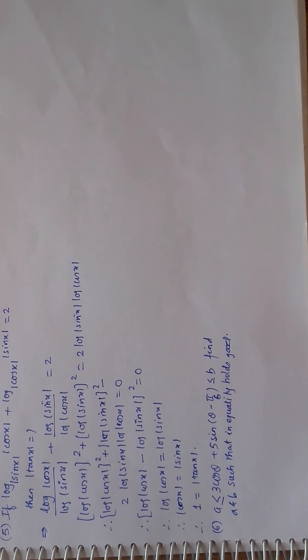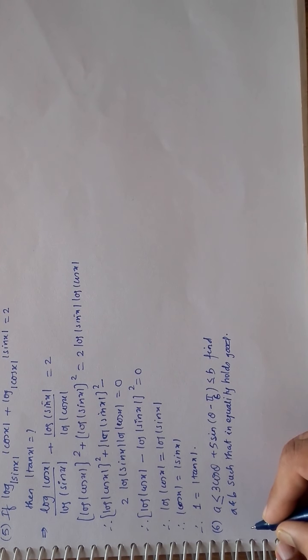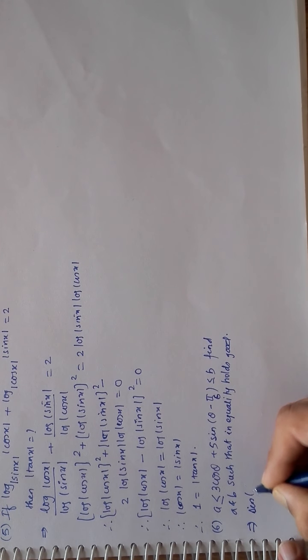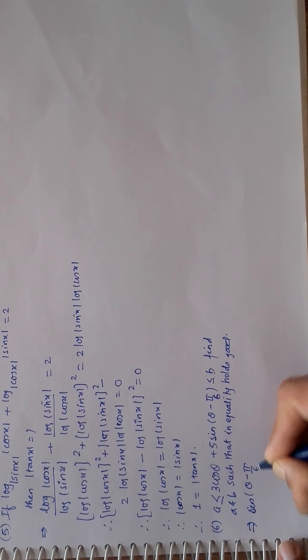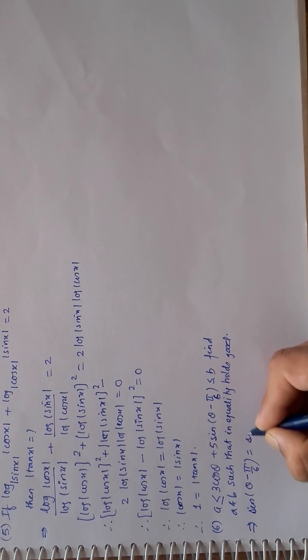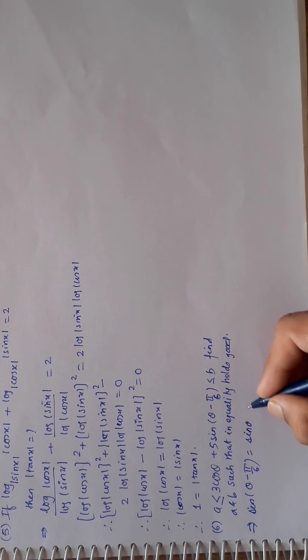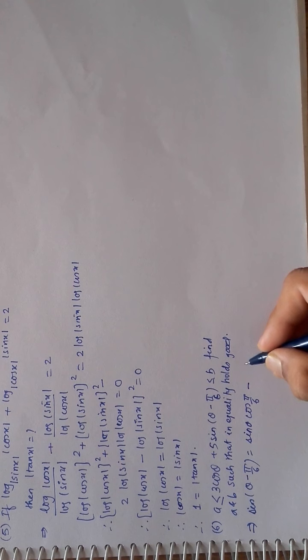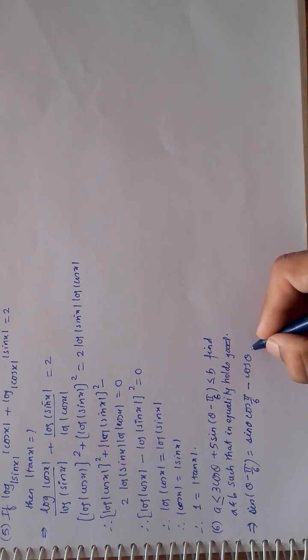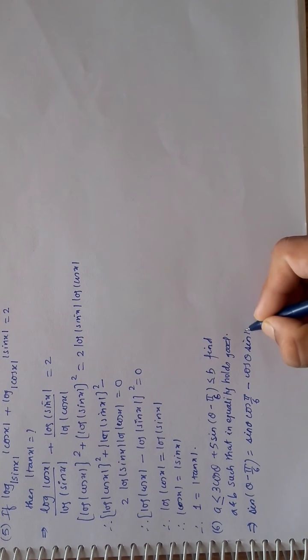So here obviously I will be first thinking on what is going to happen to sin of theta minus pi by 6, that is sin a minus b, that is equal to sin a cos b, that is cos pi by 6, minus cos a, that is cos theta, into sin b, that is sin pi by 6.